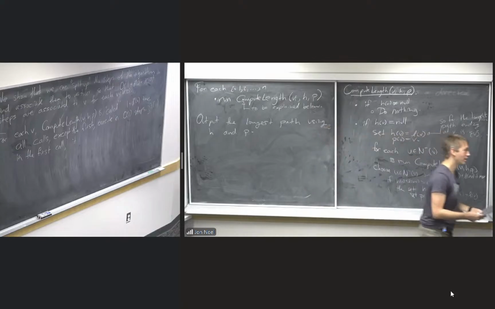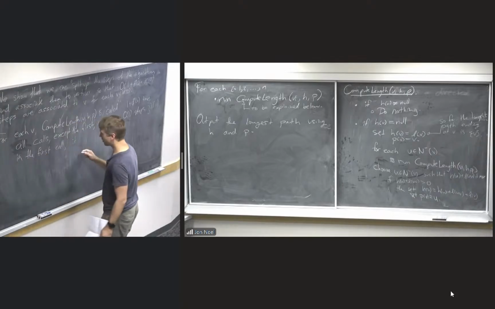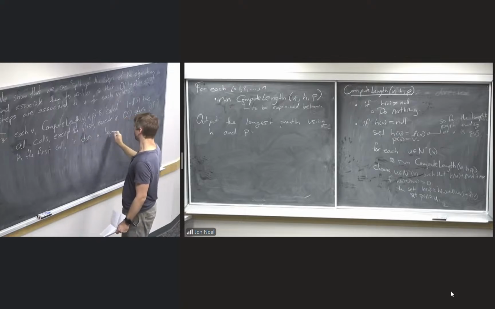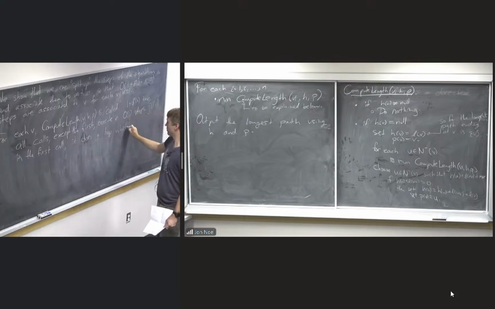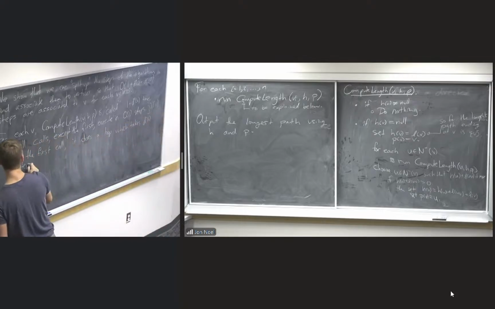So in the first call, it does a loop which takes d minus of v, that's the in degree of v, steps.